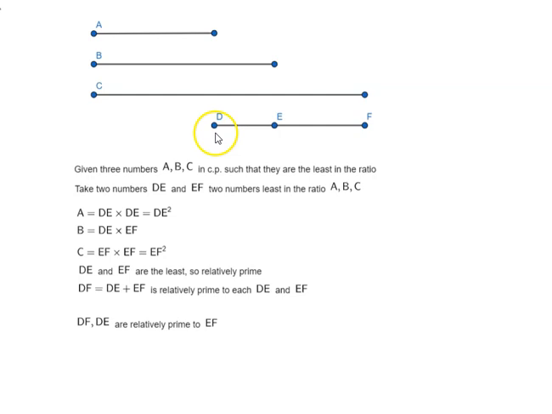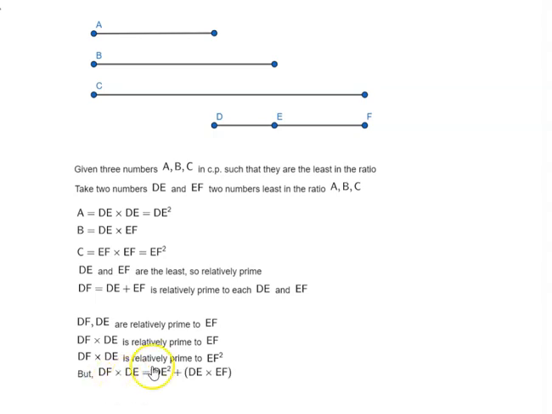So DF times DE is relatively prime to EF, which means DF times DE is relatively prime to EF square, again based on one of our previous propositions.